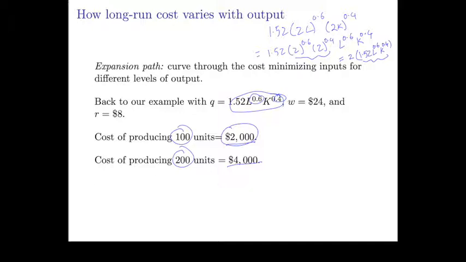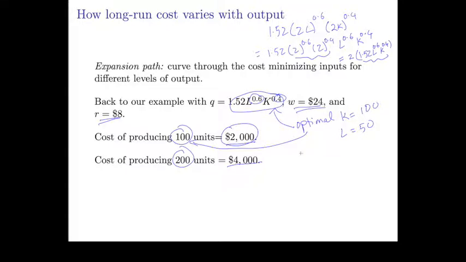Also, remember, when we solved this, we found that the optimal way, given the wage rate of 24 and the rental rate of 8, we found that the optimal capital was 100. This is to produce 100 units of output, and labor was 50.